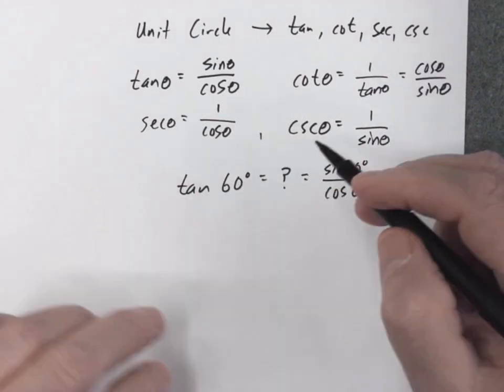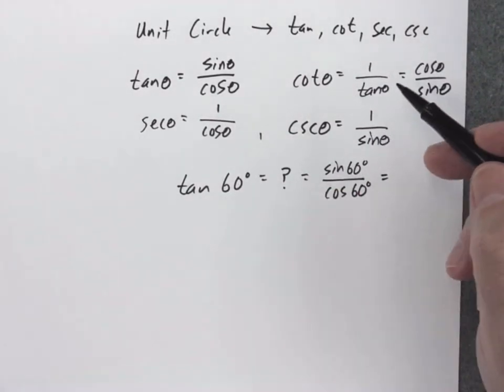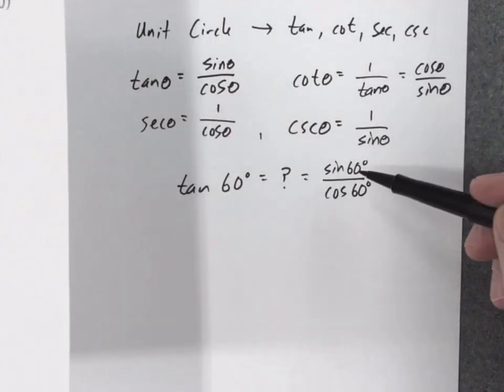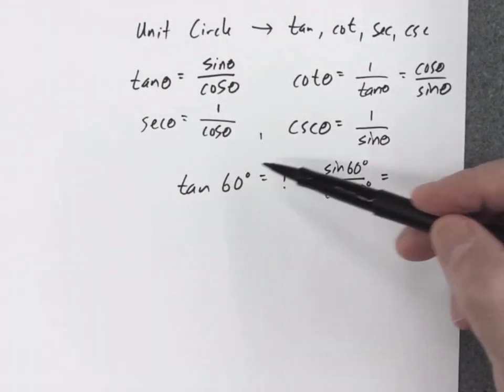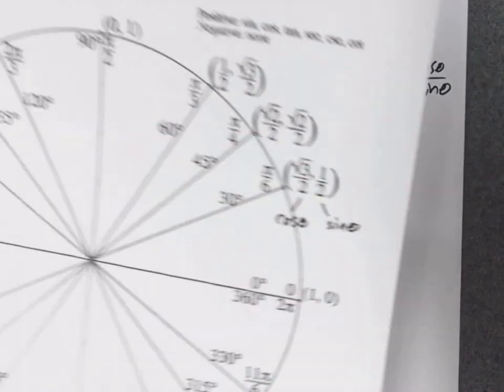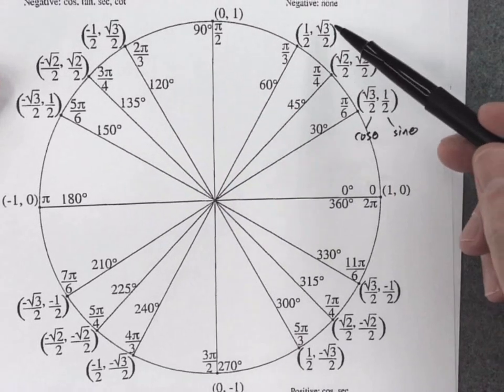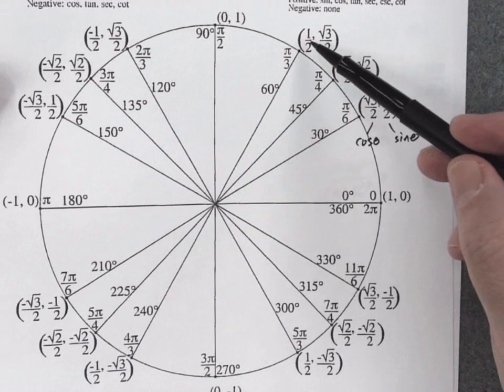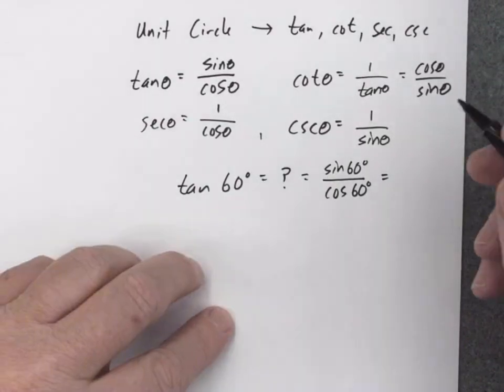So now go back to my unit circle. If I want to get the tangent of 60 degrees, I can determine that by using the sine and the cosine. So the sine is square root of 3 over 2. The cosine is 1/2.